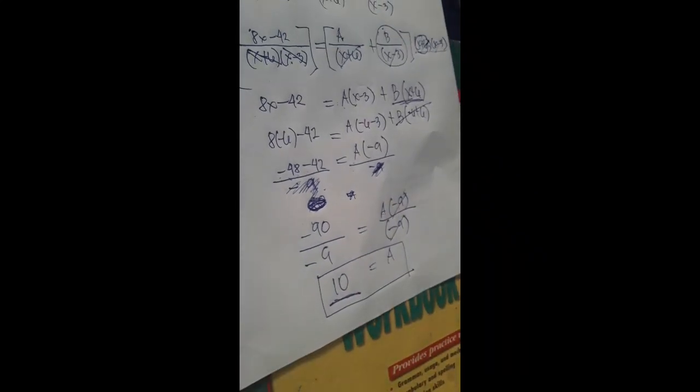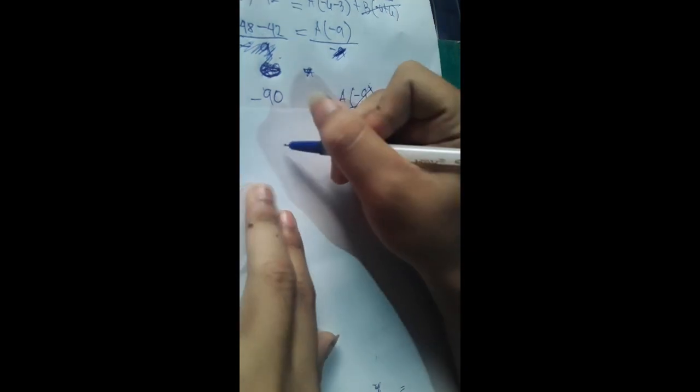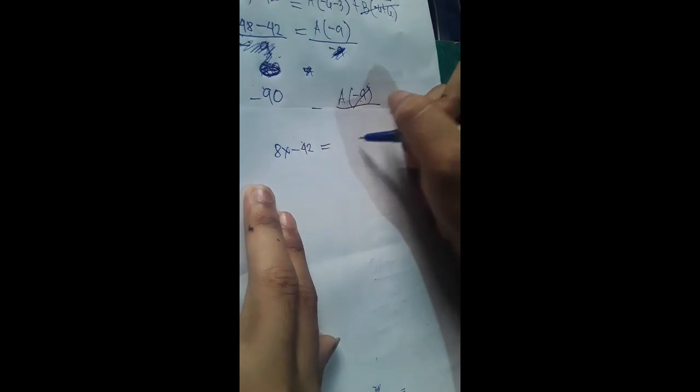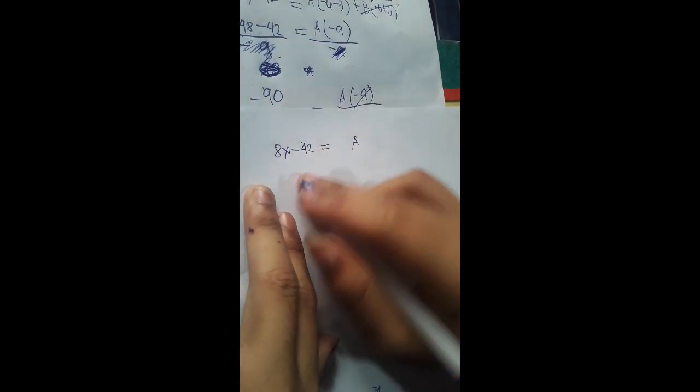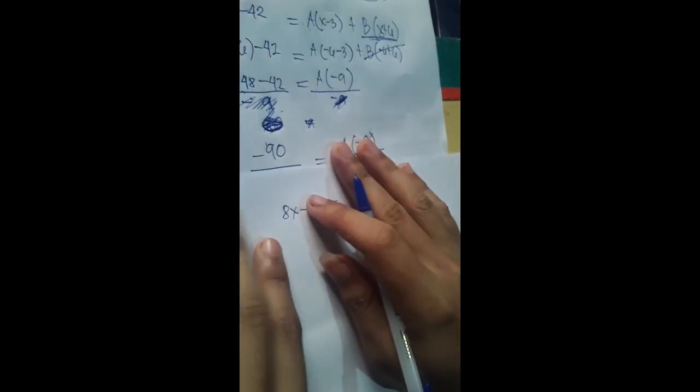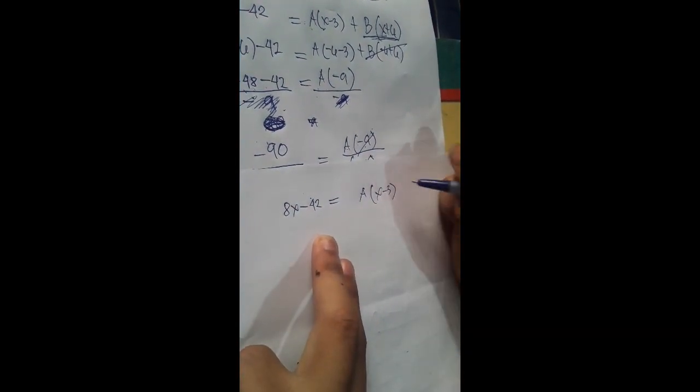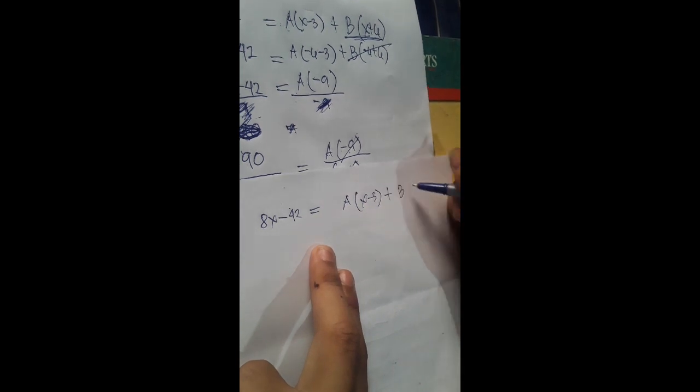Now we are going to find the value of our b. For our b, it's just the same process for finding the value of a. We put 8x minus 42, we equate a times x minus 3 plus b times x plus 6.